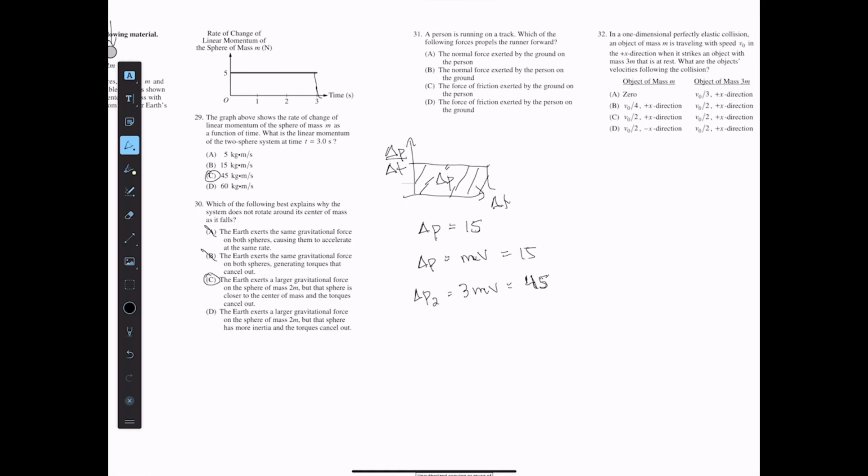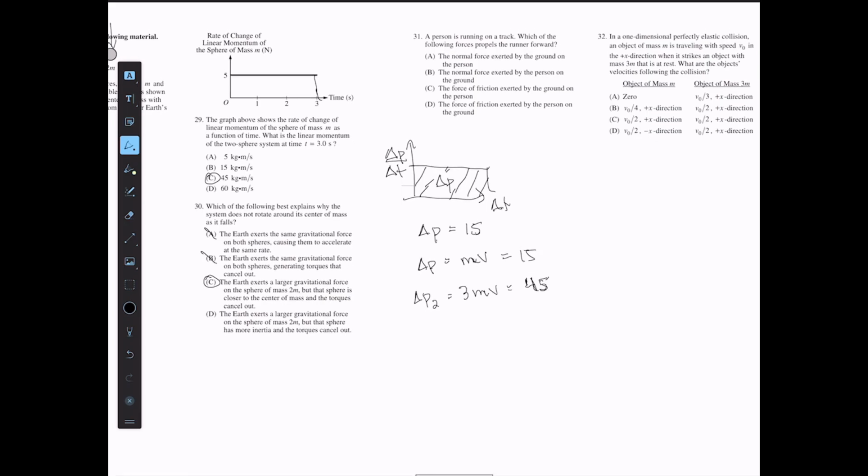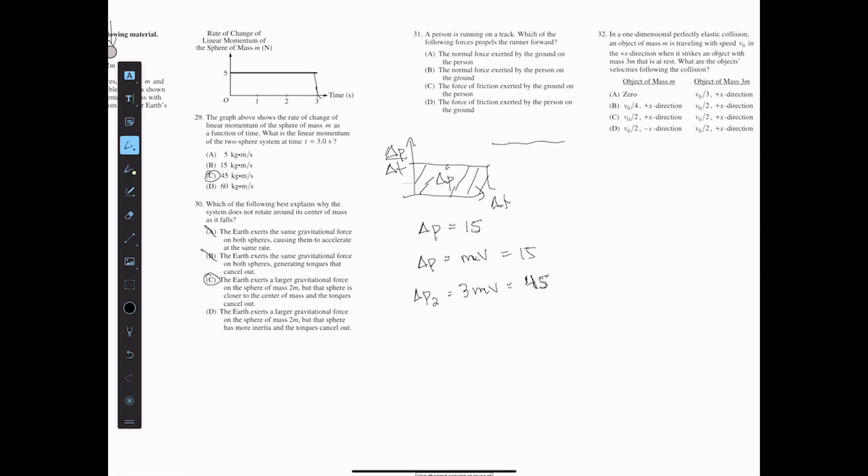A person is running on a track. Which of the following forces propels the runner forward? The force that propels the runner forward should be parallel to the ground, because, see, that's my running person, going this way.